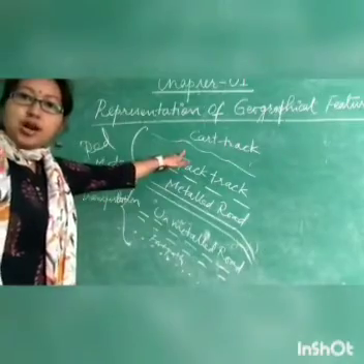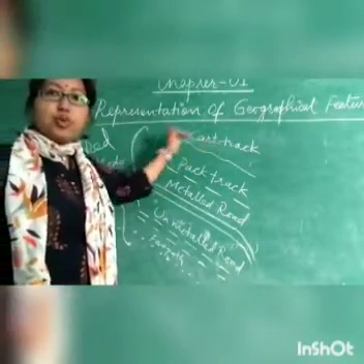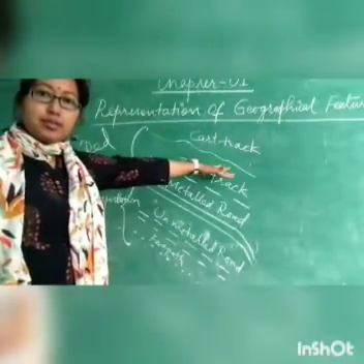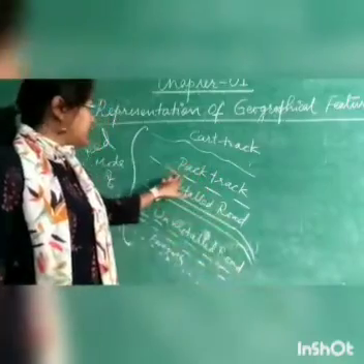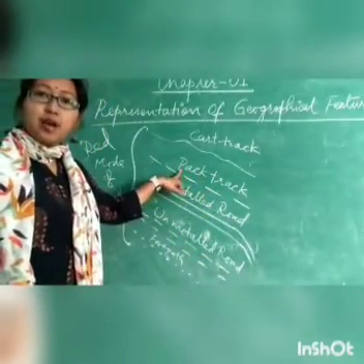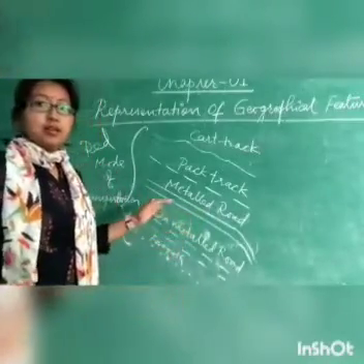Cart track, you know cart track? Bullock cart. This is the way through which a bullock cart can easily pass. Second, pack track. You know pack, it's a collective noun for a group of animals.